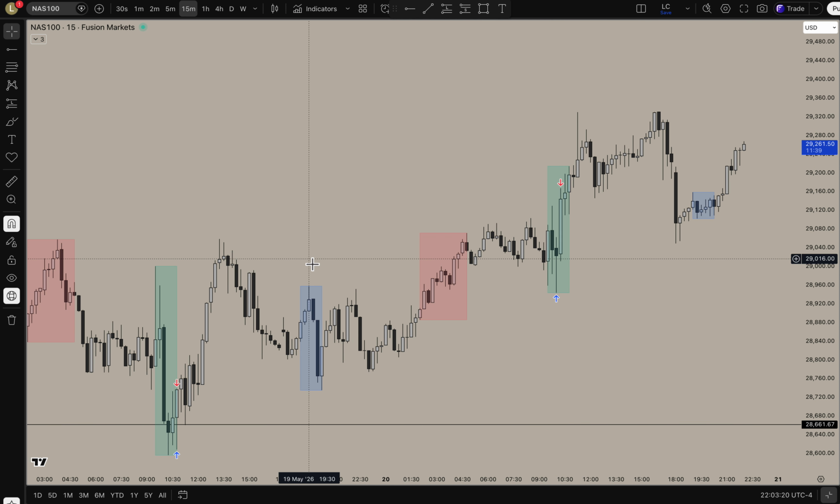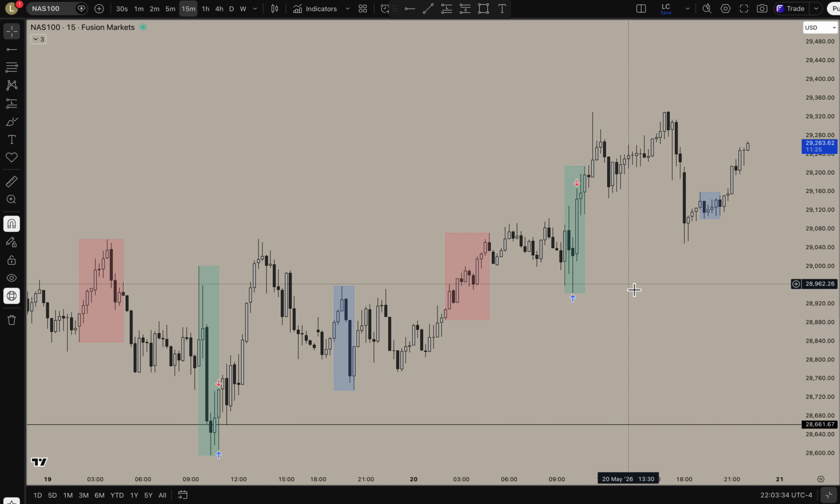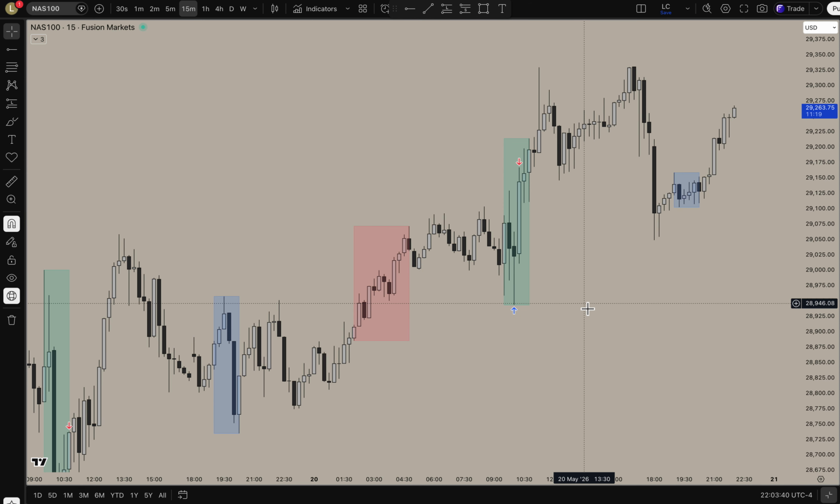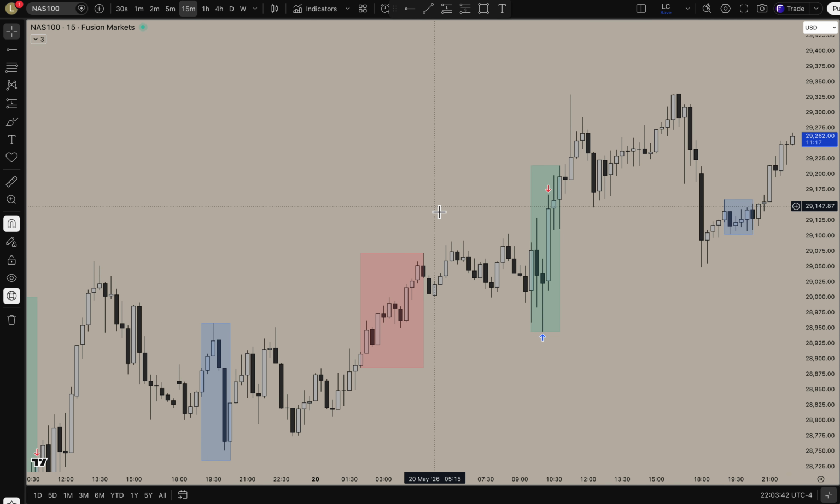So if we're just focusing on the 20th of May, we can see Asia session, it's been a bit choppy. The European session, it's leaning towards the upside, slowly targeting buy side liquidity there. And during New York session, there was a little bit of a pullback before a big push towards the upside.